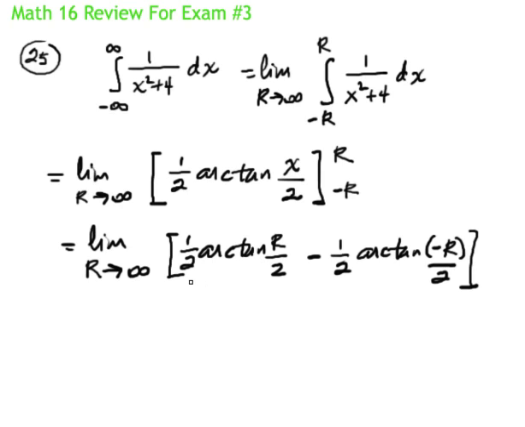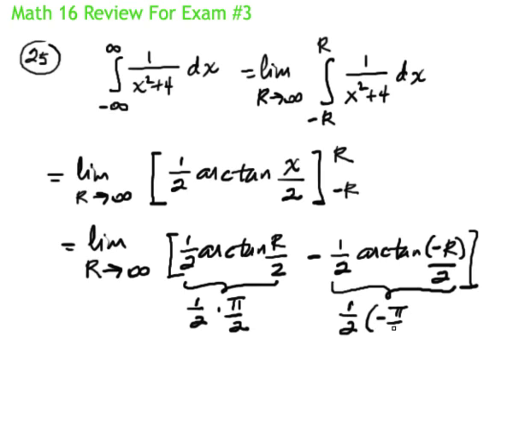So this first term is approaching 1/2 pi over 2. And the second term, as minus r goes to minus infinity, arctan is going to minus pi over 2. So this is going to 1/2 minus pi over 2.